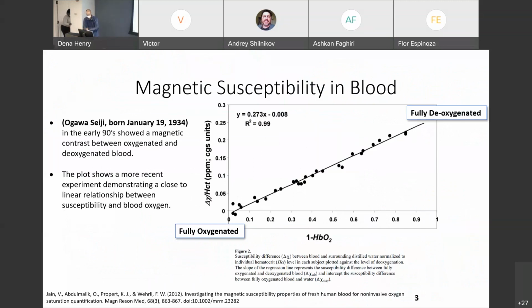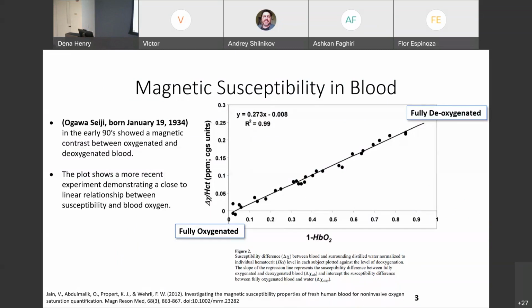That is one of the first experiments on discovering how we can get magnetic resonance signals, functional connectivity from the brain. It was around the early 90s when it was discovered that there is a relationship between blood oxygenation and magnetic susceptibility.